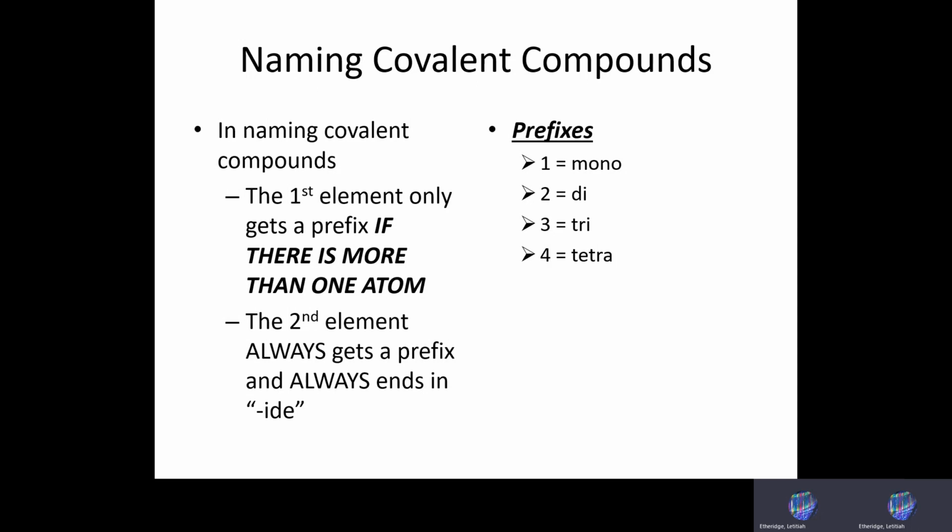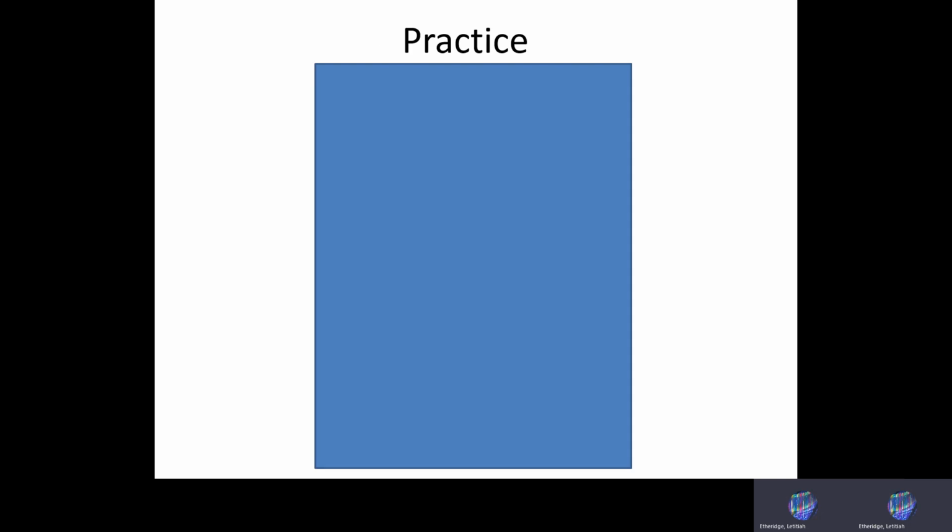Tetrahedral. So tetra is 4, penta is 5, hexa is 6, hepta is 7, octa should look very familiar to you. That is 8 when we're talking about the octet rule. 9 is going to be nona, and 10 is going to be deca. Okay, so now let's put them into action.